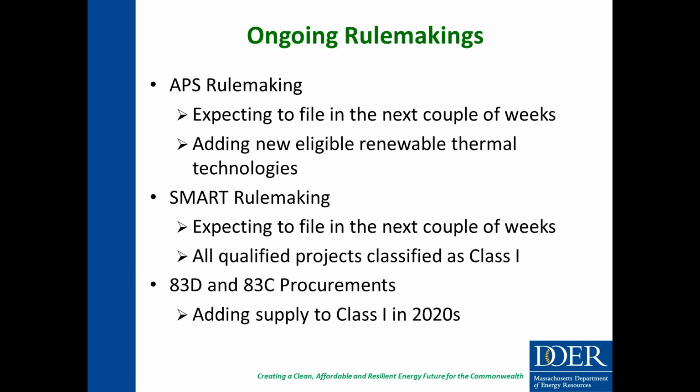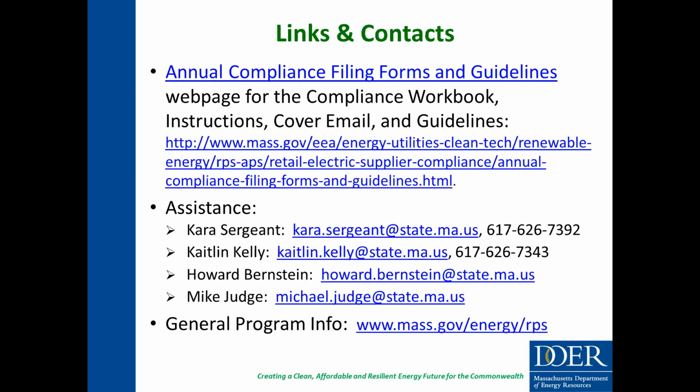They're long-term contracts, so we're likely not going to see an impact from those procurements until sometime in the next decade, but that will also be adding to the Class 1 supply. Be aware of those proceedings, and participate if you have comments. At least 2 of the rulemakings will have their comment periods in June and July.